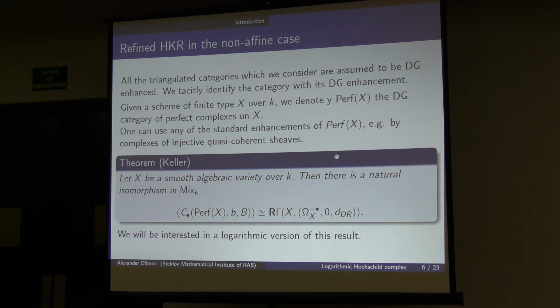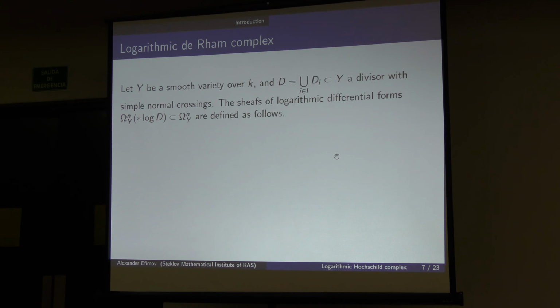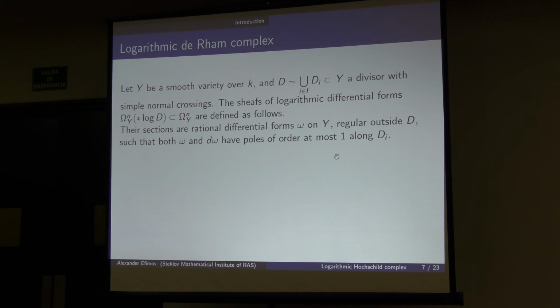Okay, this was all about the usual de Rham complex and about usual Hochschild homology. And we will be interested in the logarithmic version of this result. So first, I just recall some general facts about the logarithmic de Rham complex. If Y is a smooth variety over k, and we have a divisor D with simple normal crossings, then, as was defined by Victor Pelkowski yesterday, there are sheaves of logarithmic differential forms, and they're defined as follows.